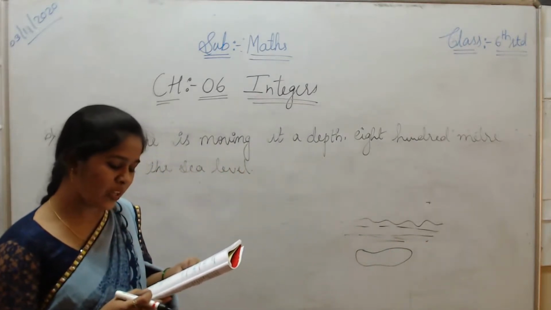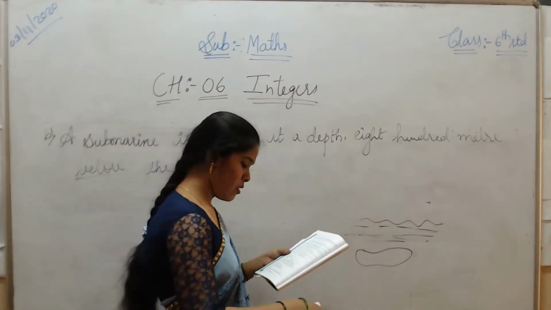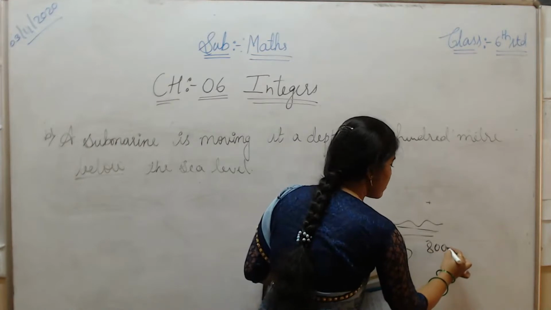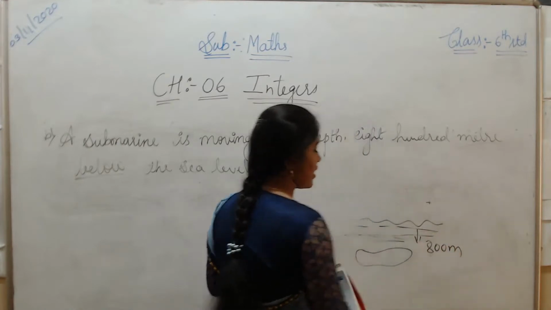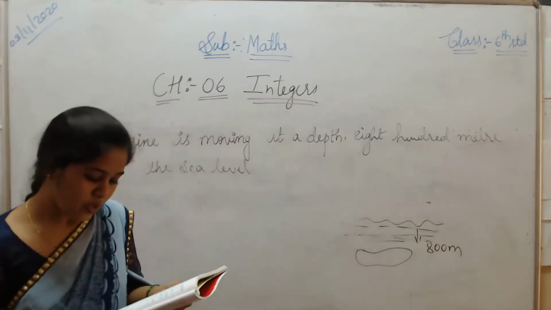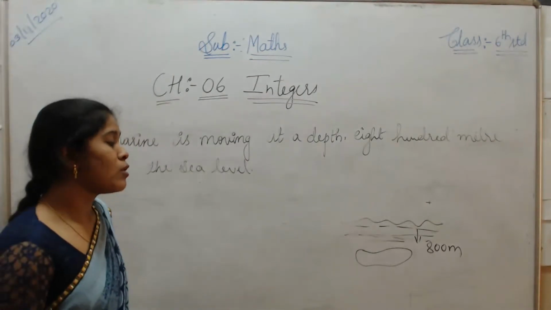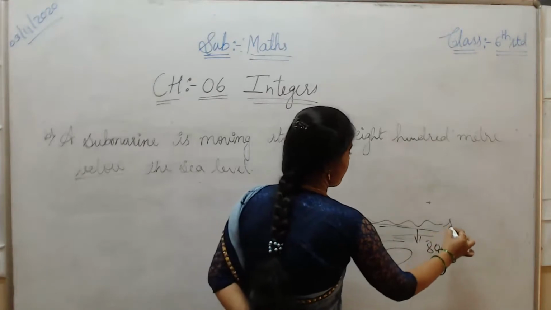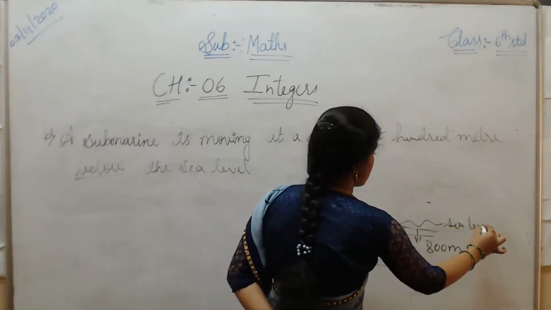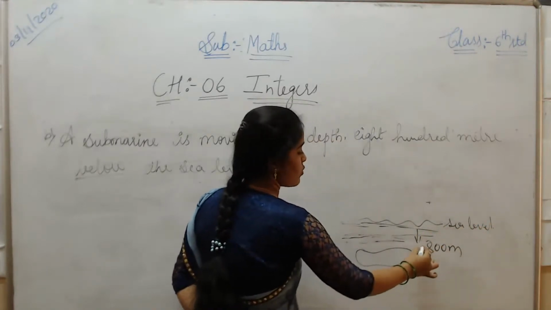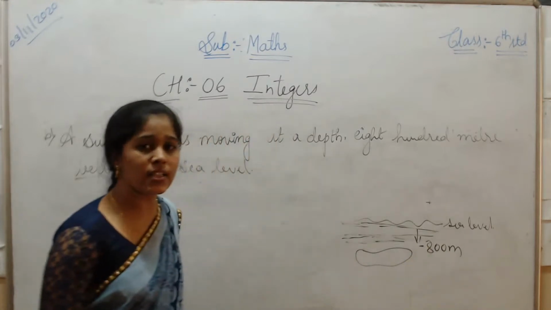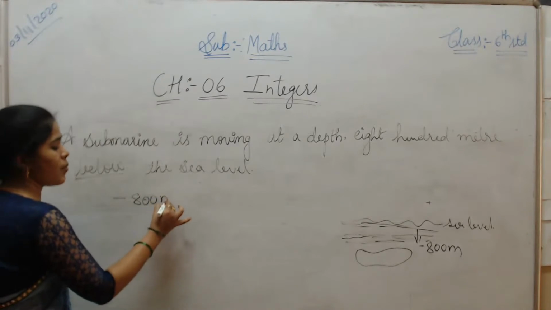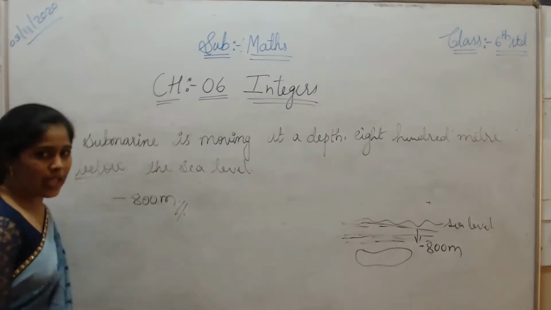A submarine is moving at a depth, meaning downside, 800 meter, so below the sea level. This is the submarine inside the sea, and this is the sea level. So downside means what do we take? We take the negative sign. So minus 800 meter. This is your answer.